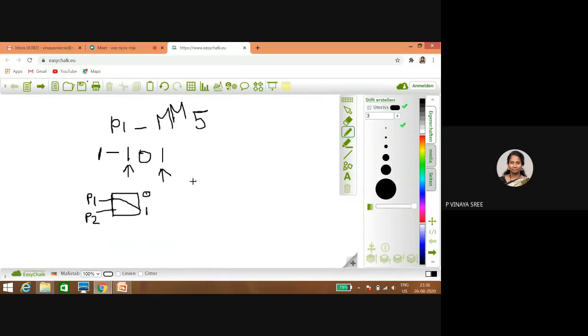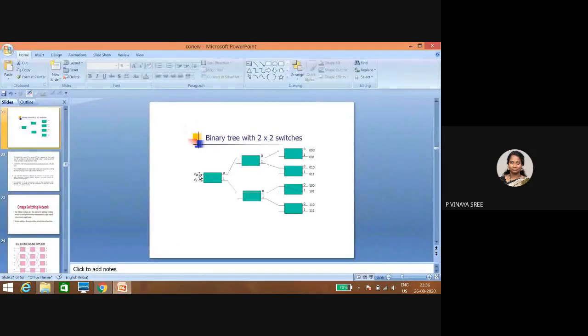Next is what? Next is 0. So the second stage output has to connect to 0. So see here, first processor 1, as the first bit is 1, is connected to output 1.